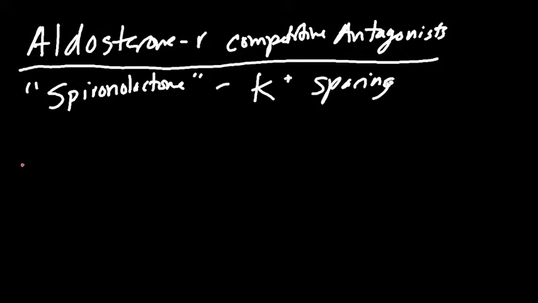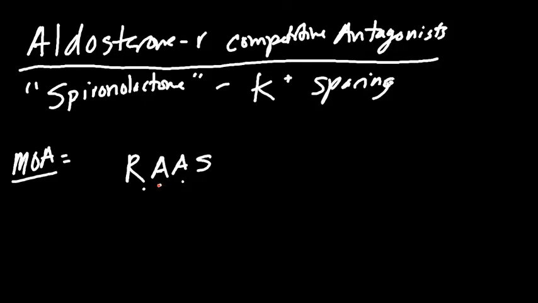So let's talk about the mechanism of action really quickly, and then we'll get into a more detailed approach. We have aldosterone production, and aldosterone is part of the renin-angiotensin-aldosterone system. If you have increased renin release, you'll have increased angiotensin.